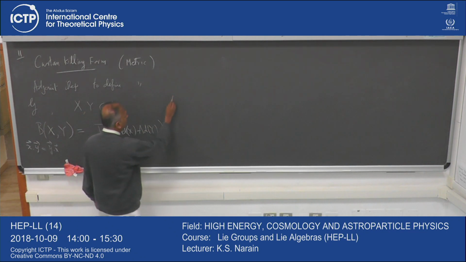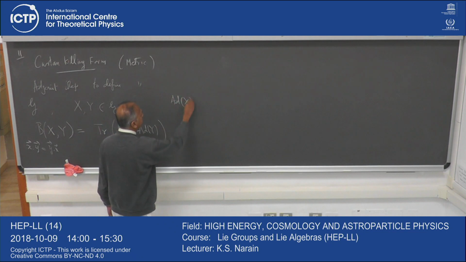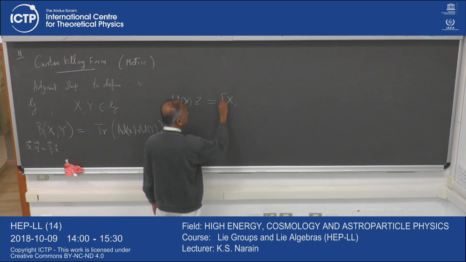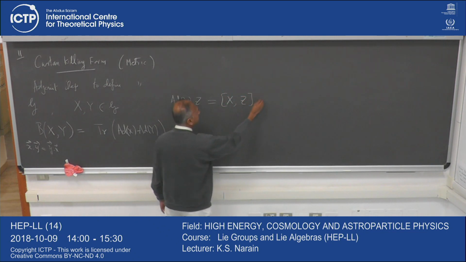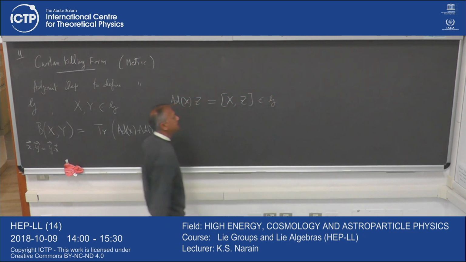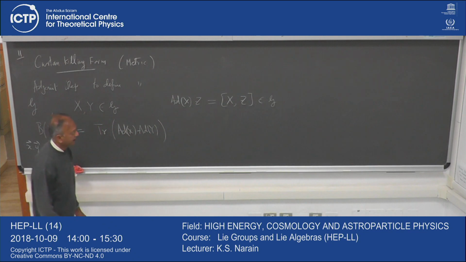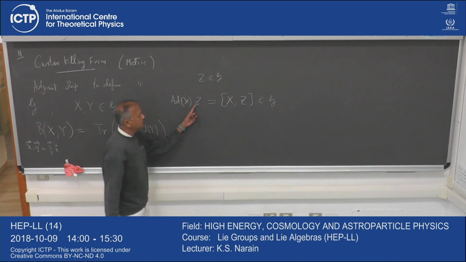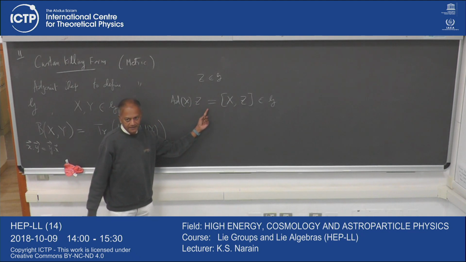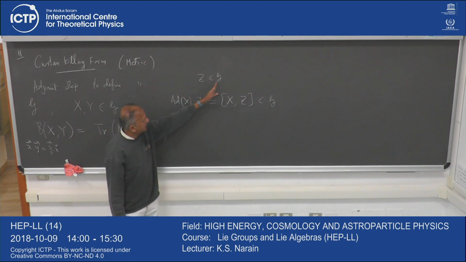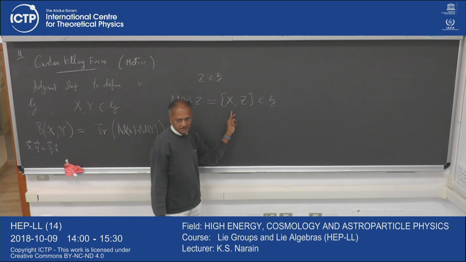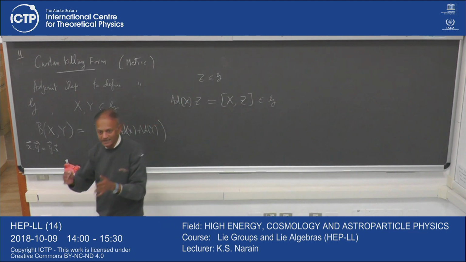Because ad x acting on z is simply x commutated with z, which is again in G. For any z belonging to G, you have ad x acting on z. This is how you define ad x. So it takes an element z in the vector space to another element in the vector space, which is x commutated with z. So it is acting on the Lie algebra.